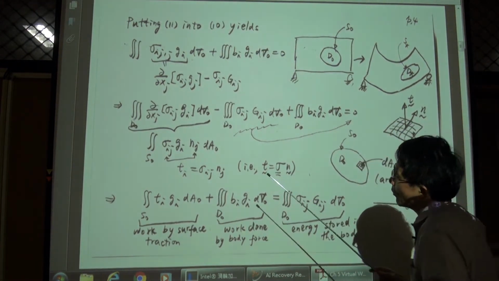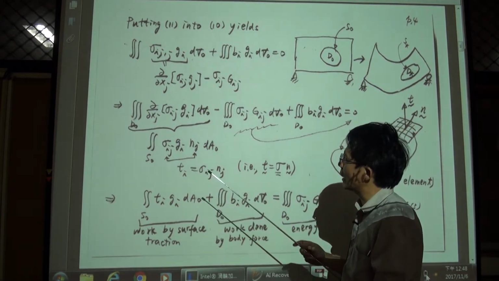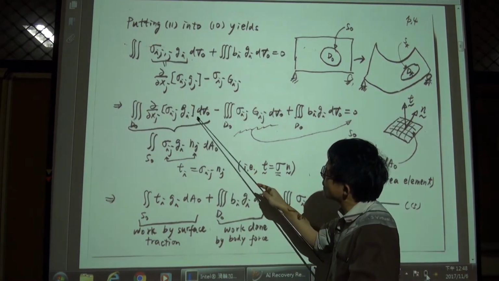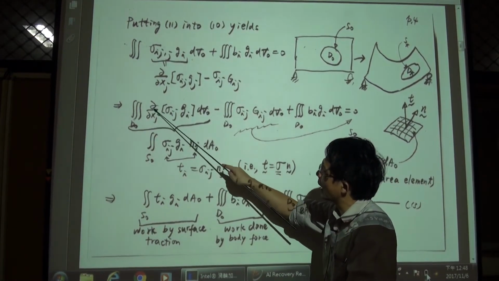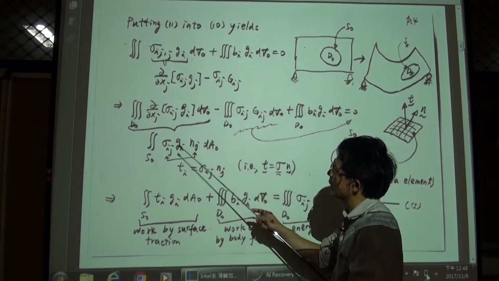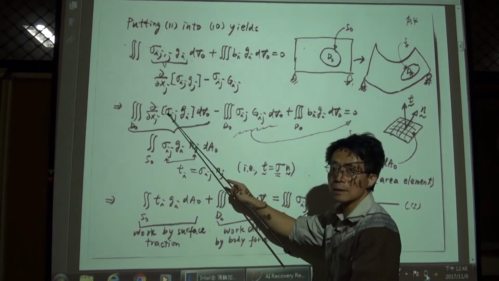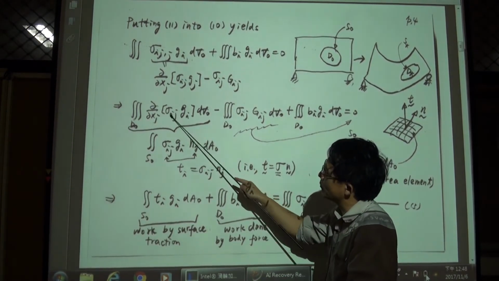Now let us do some more calculations. This one is a volume integral, and this is a partial differentiation. So actually this is a divergence of this term.